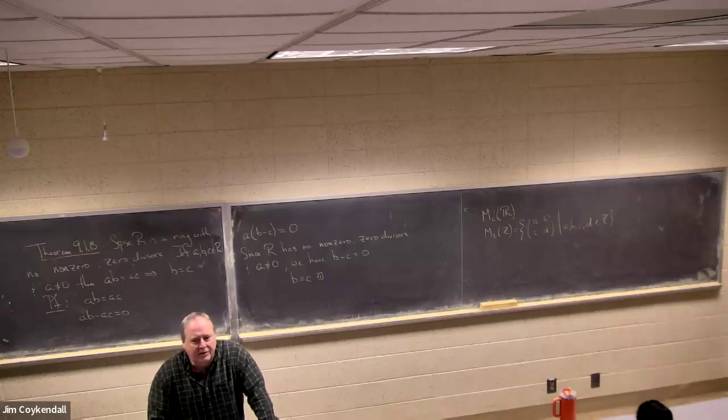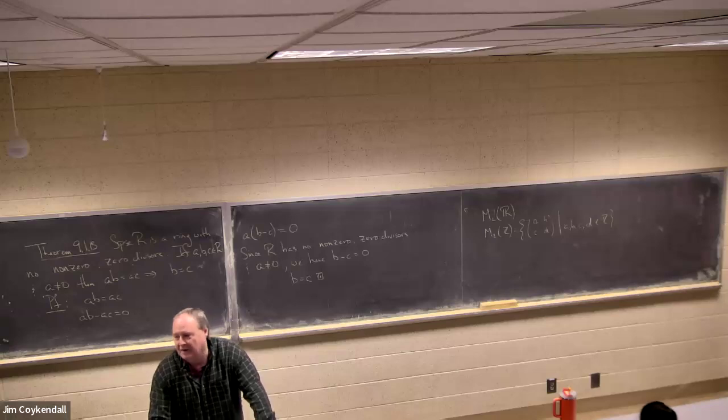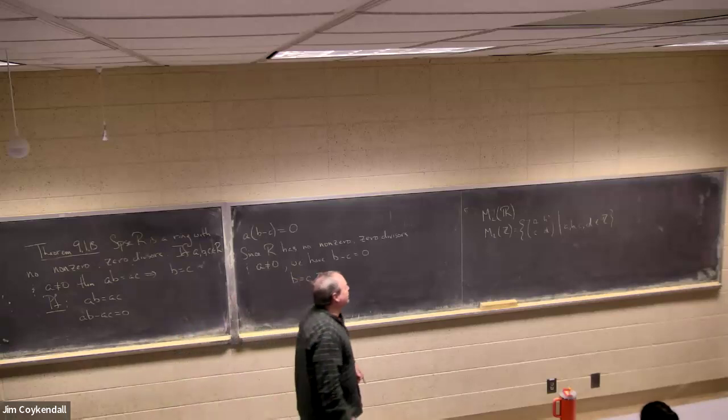Does anybody want to guess a condition that we need for an element to be invertible in this ring? The determinant has to be plus or minus one for it to be invertible.